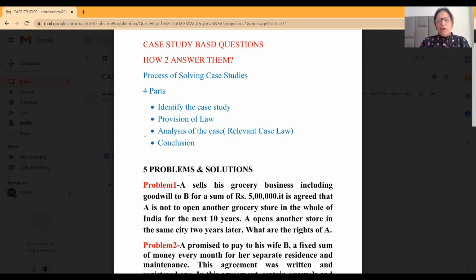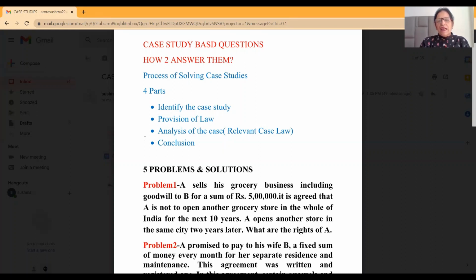In BCom Honors Semester 1 and BCom Semester 2, the first two questions are from ICA, the third question is from special contracts, and the fourth question is from the Sale of Goods Act. Till the fourth question, almost every question has a case study problem which you have to write. So a question has a theory part as well as a case study given to you.